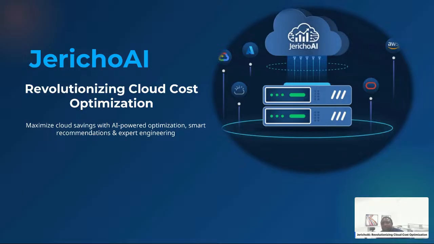Jericho AI looks at how much you are spending on this based on reference architecture, best practice technology development, and various ways to improve utilization without, of course, affecting your performance or your operation.